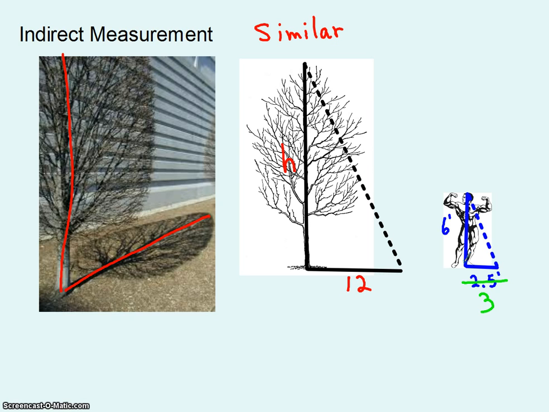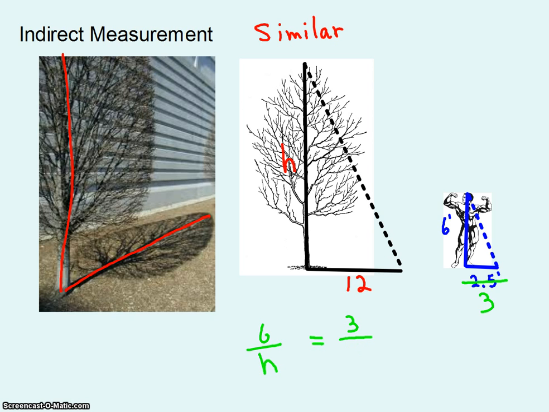So the ratio of these two would be, say, 6 to h. That ratio would have to equal 3 to 12. And it turns out if I solve this, 6 times 12 is 72, divided by 3 actually is 24.